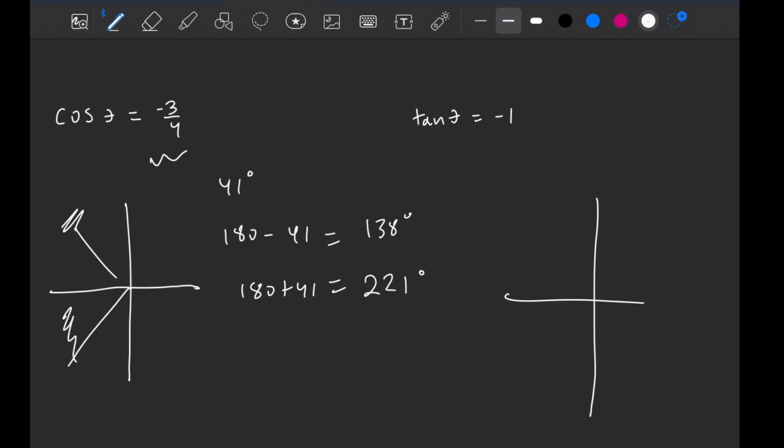And then tangent of -1, so we know tangent is sine over cosine, and it's negative in quadrant 2 and in quadrant 4. So we're going to have a solution here, solution here.